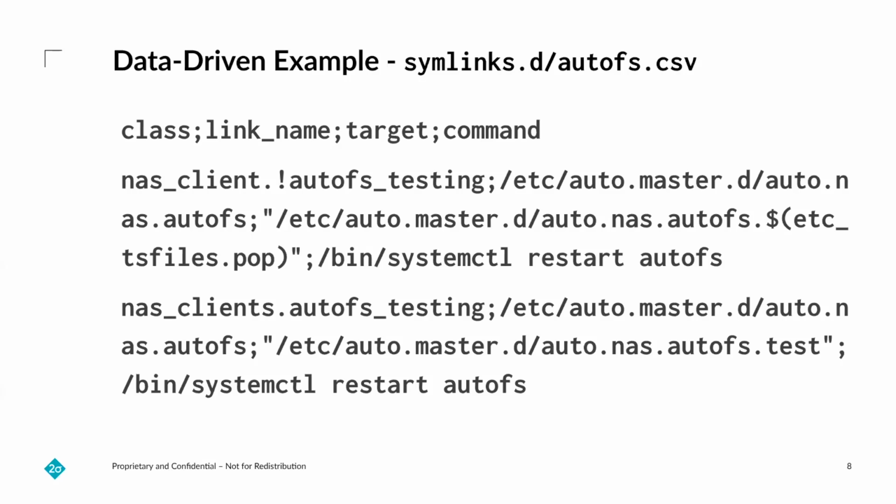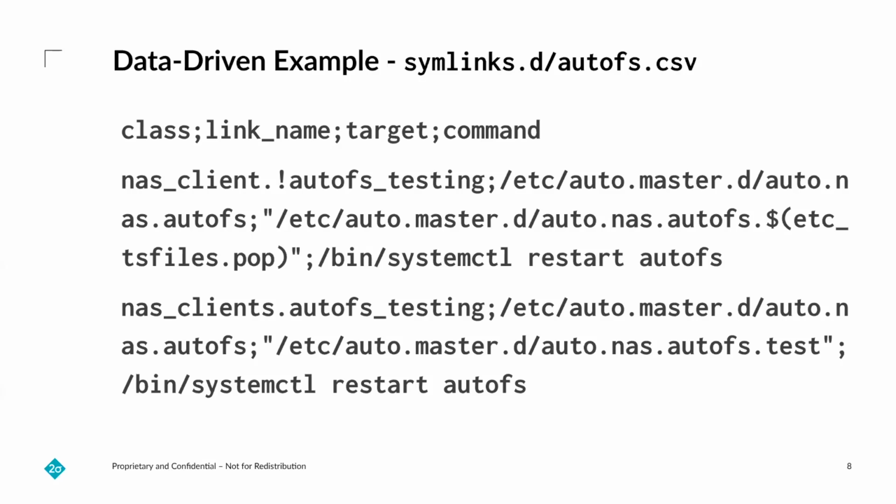So in this case, you update etc auto.master.d, and if that has changed, you do a systemctl restart autofs. And I have a policy example coming up that shows you how we do that. And we love our classes generic for this.